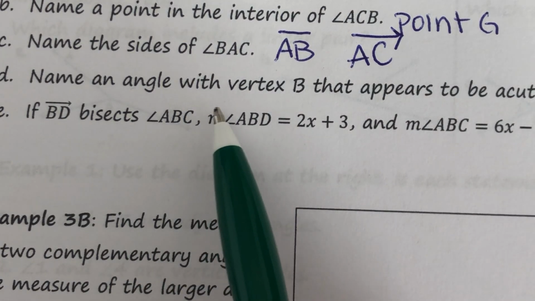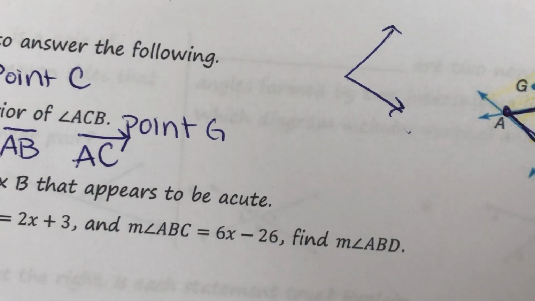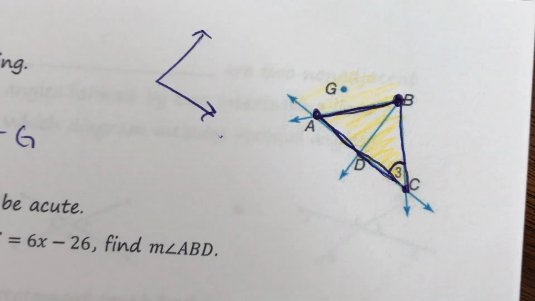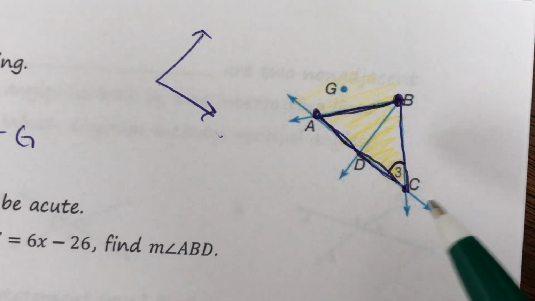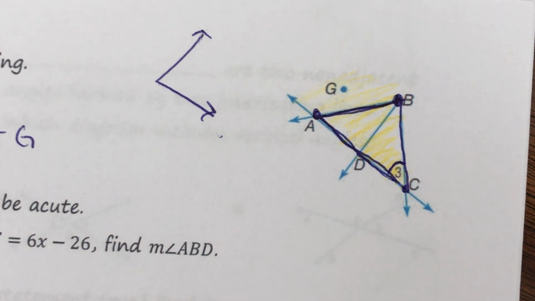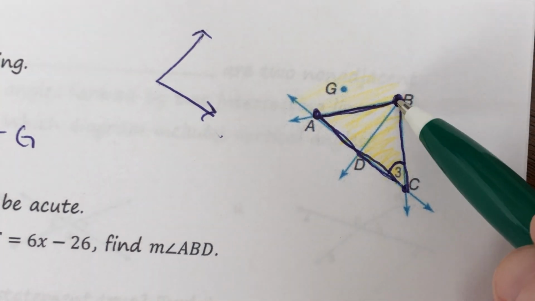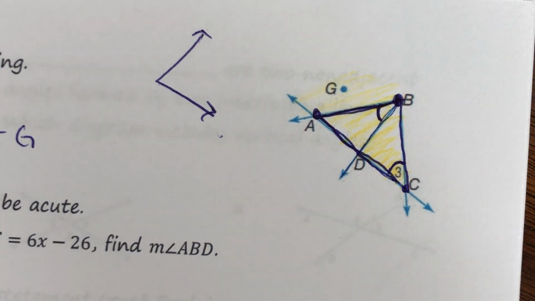Okay, and then next question, D, name an angle with vertex B that appears to be acute. So here's point B up here. We have to name an angle that appears to be less than 90 degrees. Well, I don't know about ABC. Maybe it's less than 90. It kind of looks like it, but I'm not 100% sure. But definitely ABD. If I drew this line right here, this angle is definitely smaller than 90 degrees.